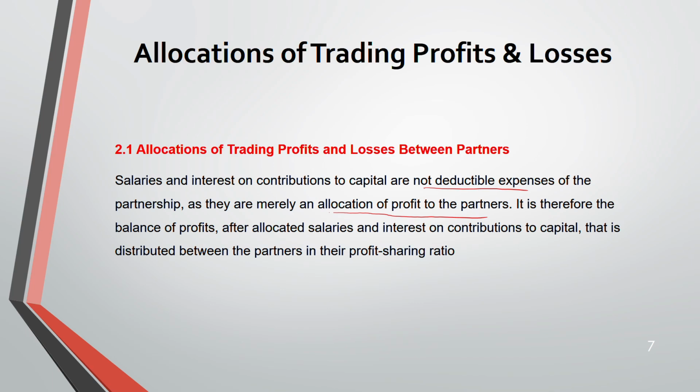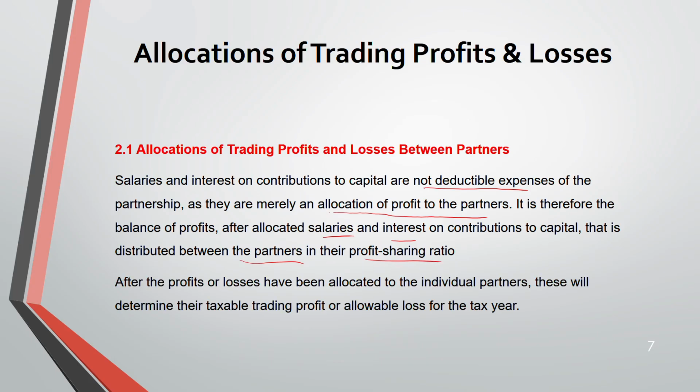They will be expenses under sole trader, but not for partners. Therefore, the balance of the profit after you allocate salary and interest will be distributed among the partners in the PSR. Now, after the profit and losses have been allocated to individual partners, they will then be assessed based on their taxable trading profit or allowable loss.